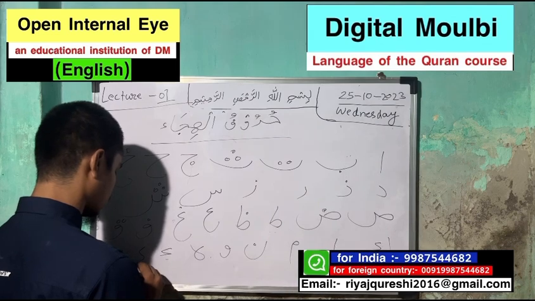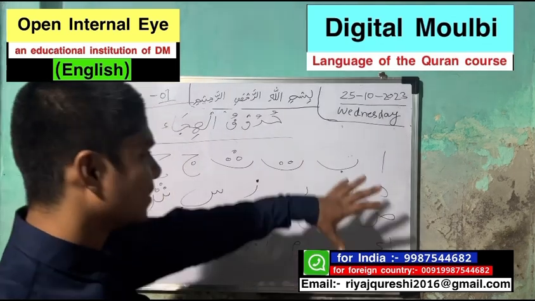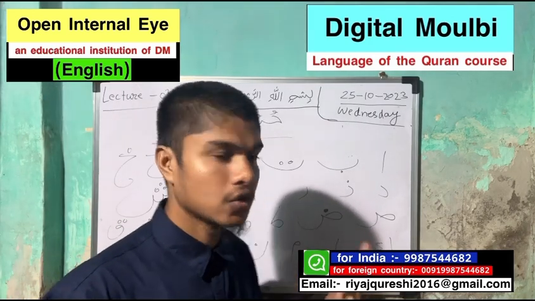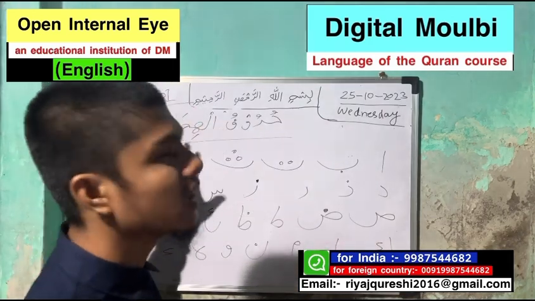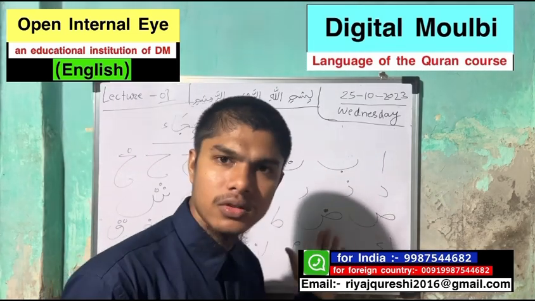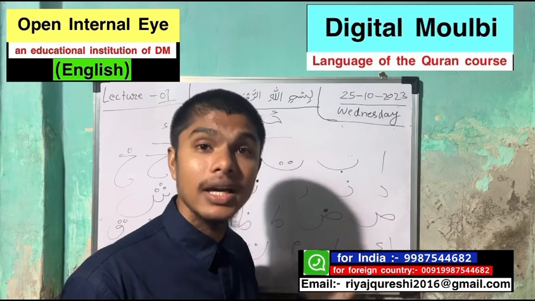These are the hurufs of Arabic language. So these are called Huruful Hija. How are these pronounced and how many are they?